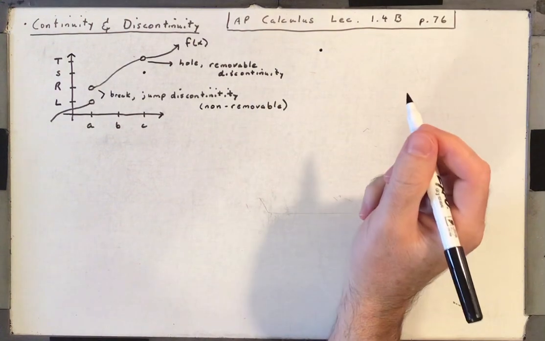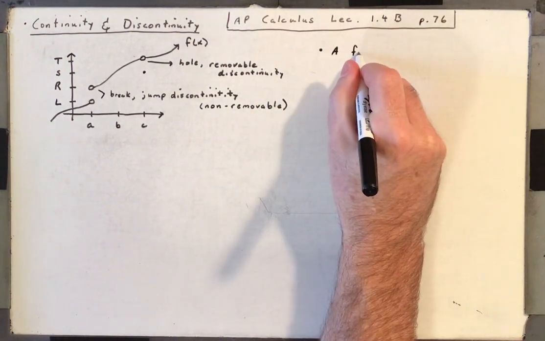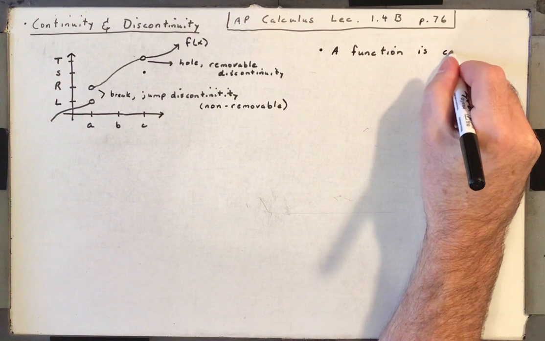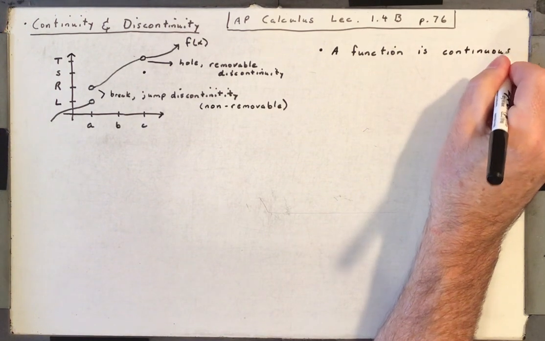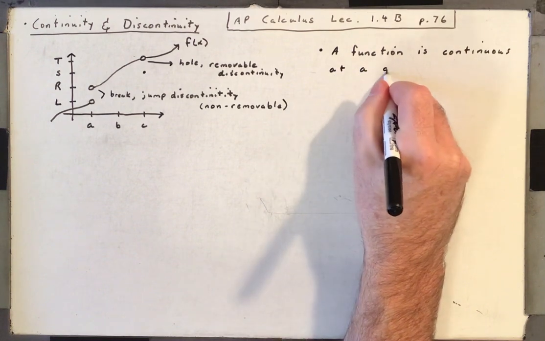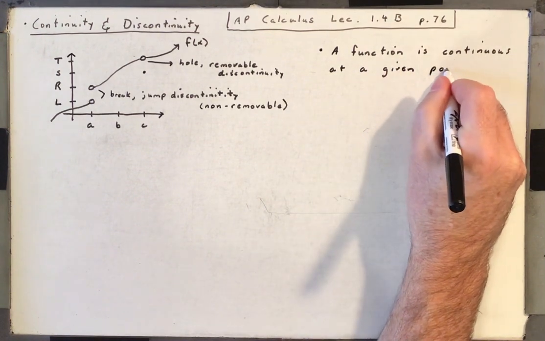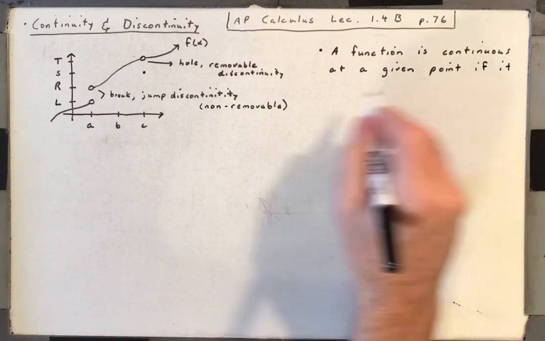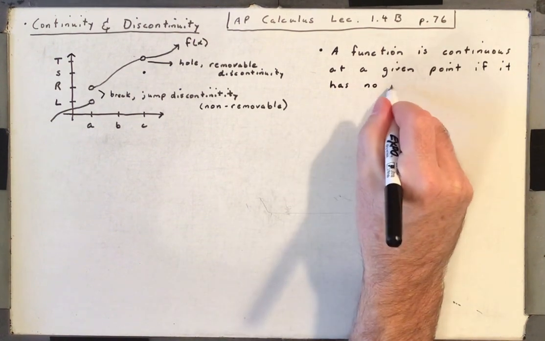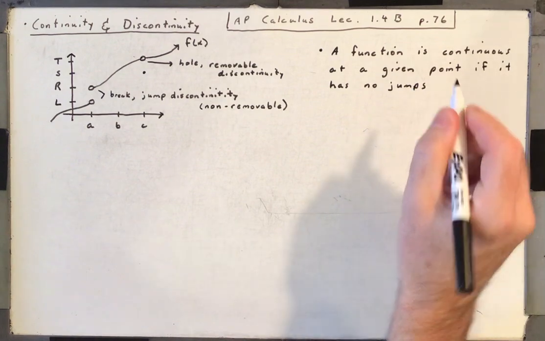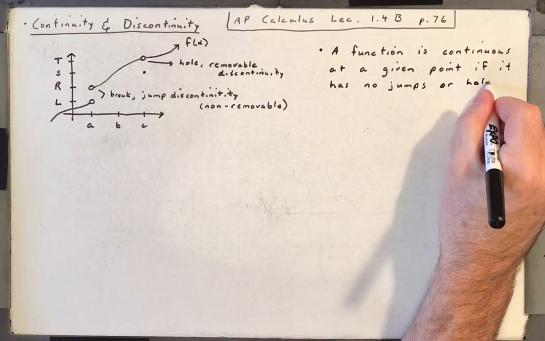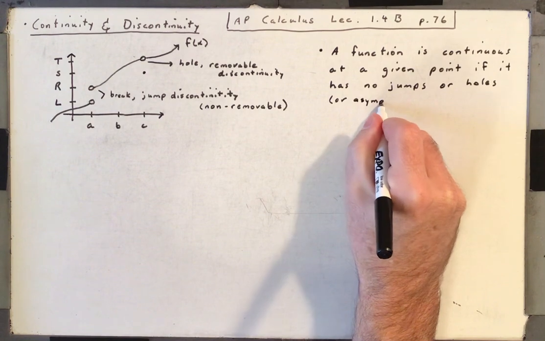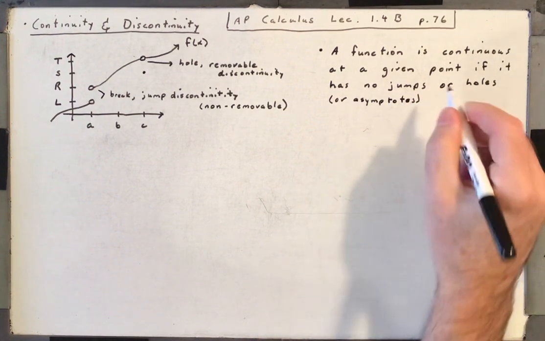So some notes to go along with this graph. A function is continuous at a given point if it has no jumps or holes or even asymptotes at that location.